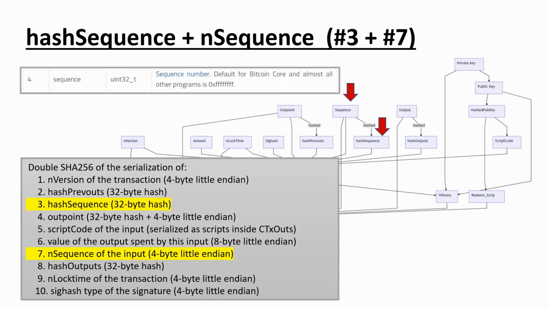And as long as you don't try to create a transaction that can be replaced, and in this video we are not going to create such a transaction, this value will always work. Once we get our sequence field, we can use our double hash function in order to get the hash of the sequence, just as we did in the previous part with the hash of the outpoint.